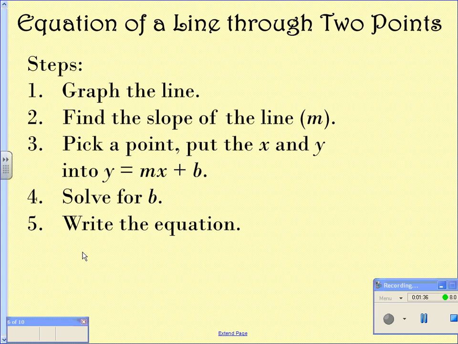You'll solve for b and then write your equation. Y equals whatever your slope is, x, and then whatever your b is.